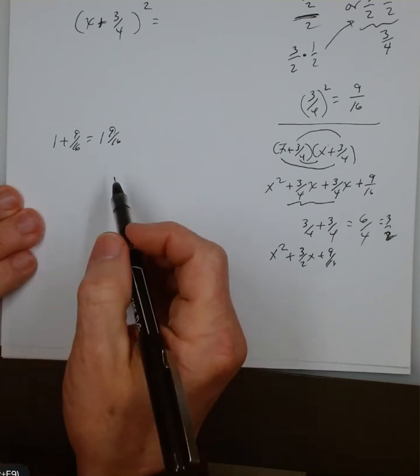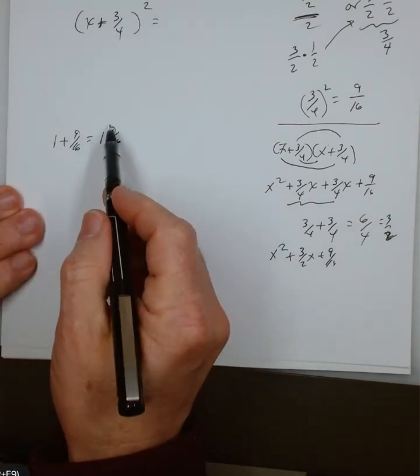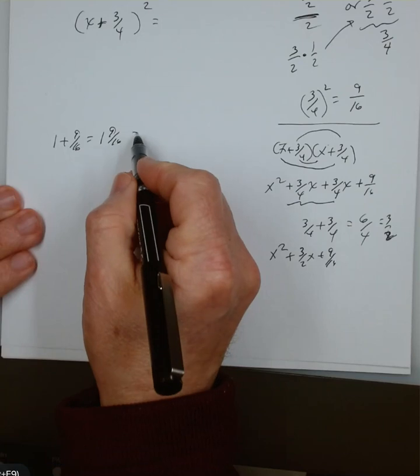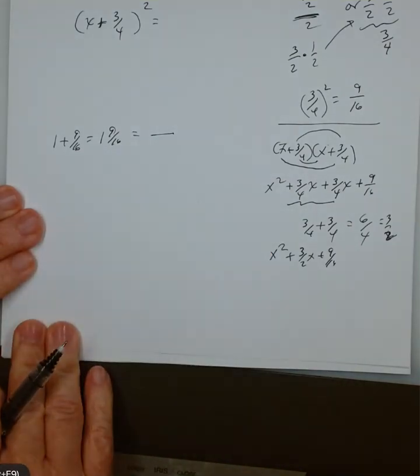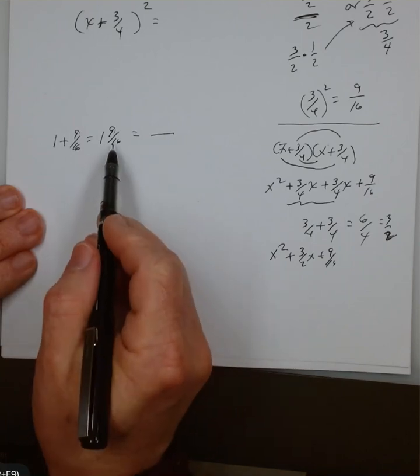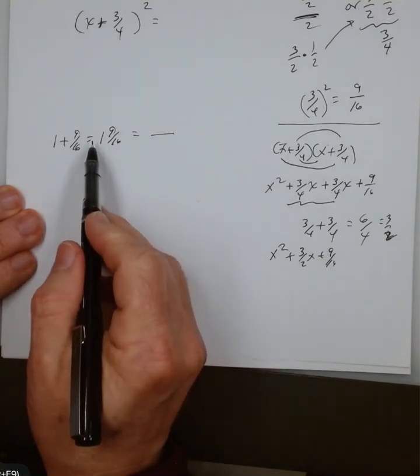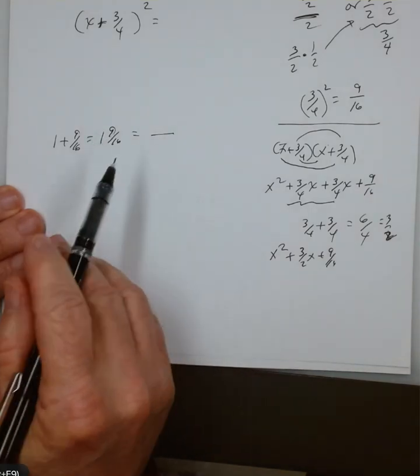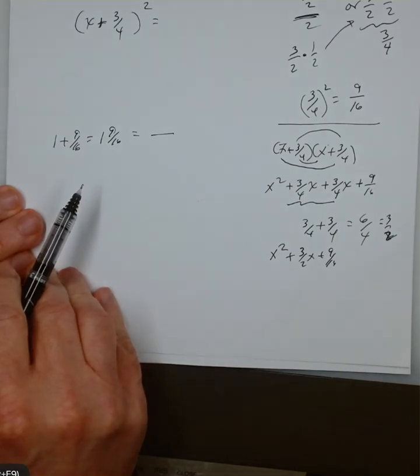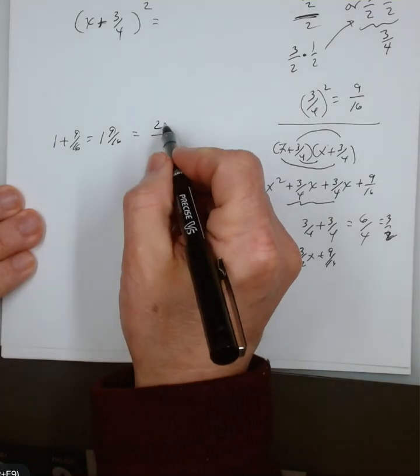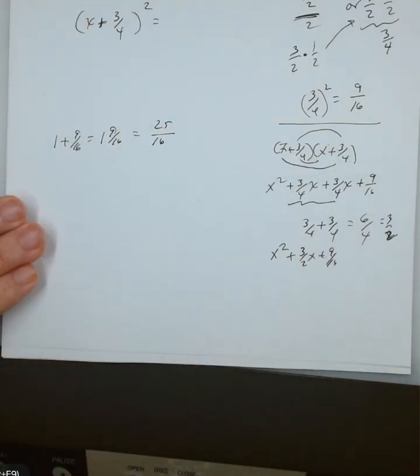And then you want to rewrite this mixed number as an improper fraction. Do you remember how to do that? So remember what you do is you say 16 times 1 is what? 16. And 16 plus 9 is 25. So you get 25/16.